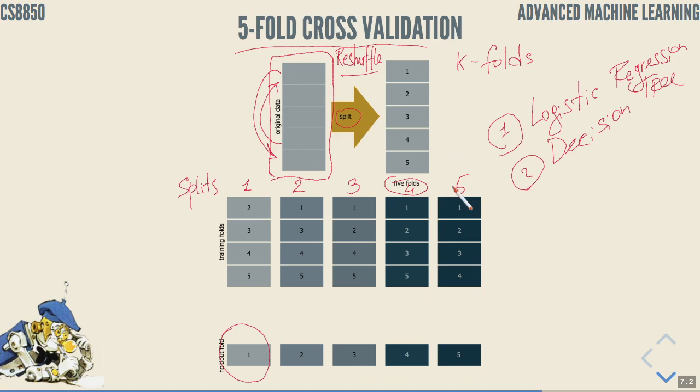So the task now is to take our 2 models, 1 and 2, and train each on this complete training data. And then we'll produce model 1, which is logistic regression, and model 2, which is a decision tree.